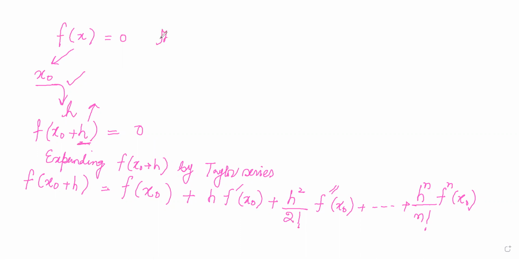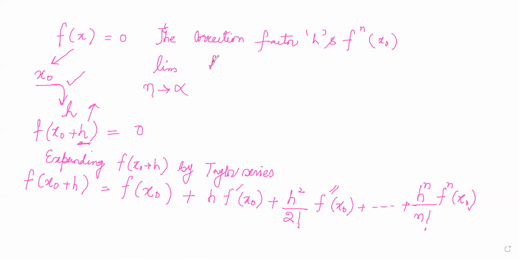The correction factor h and f n x naught, the nth derivative at x naught, are selected in such a way that, as we have an infinite number of terms, as the number of terms goes on increasing, the limit as n approaches infinity of h raised to power n by n factorial f n x naught approximates or limits to 0.